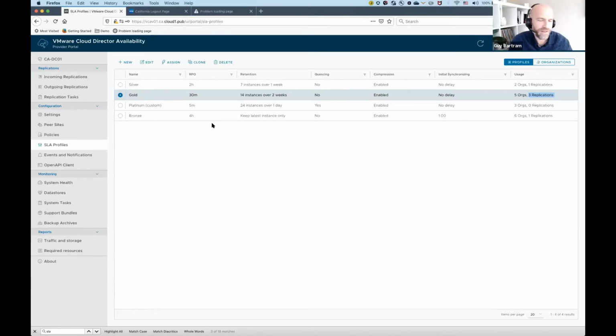So in a provider's situation, when you've got customers using these SLA profiles, the advice is to do your homework beforehand and make sure you have SLA profiles set up correctly, because realistically, you want to keep the billing as simple as possible and have those assigned to SKUs.